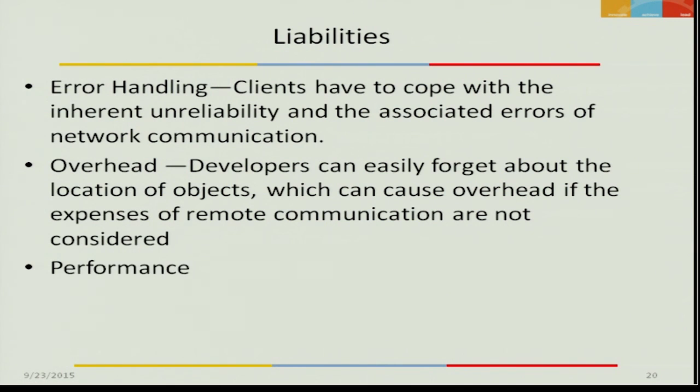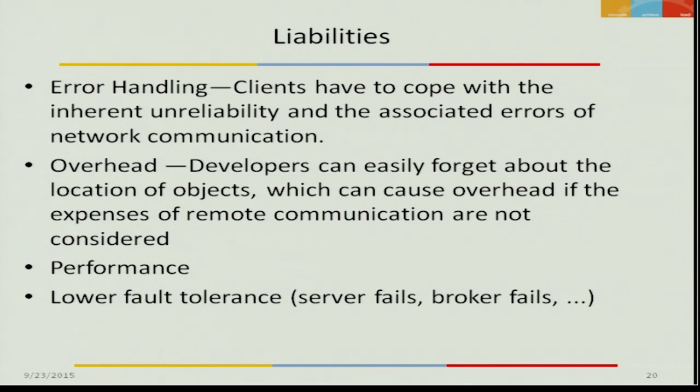There are performance issues because it is slow. It is certainly much slower compared to a non-distributed, tightly coupled, co-located system in main memory. In that case, performance would have been much better, specifically if it were not implemented the way this broker pattern suggests.